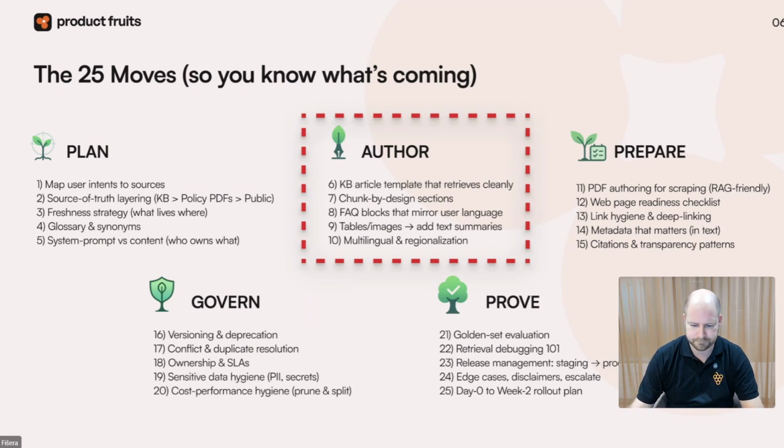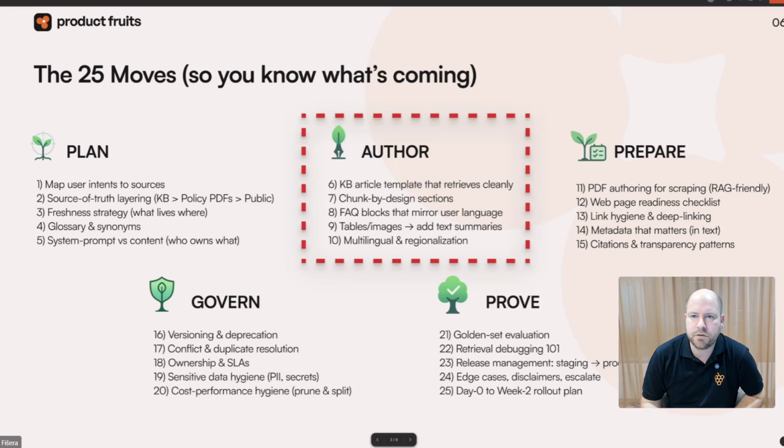We have a question from Julian. If I want to synchronize my Zendesk knowledge base with the Product Fruits knowledge base, is there a way to do it? Yes, you can definitely do it. Through those APIs, you can synchronize articles and content from anything to anything.